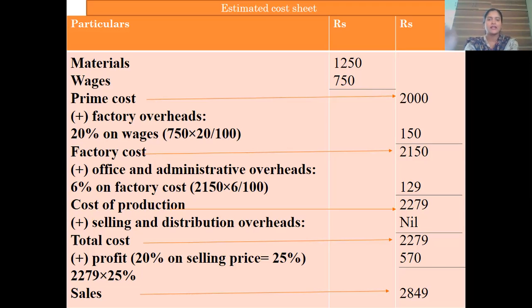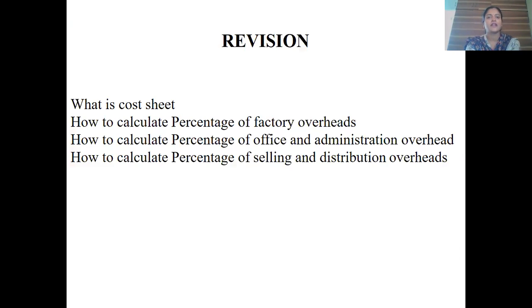When you are preparing an estimated cost sheet, without the calculation of the percentages you cannot calculate. So this is how you get the profit as well as the sales for your estimation. And now let us go for the revision.